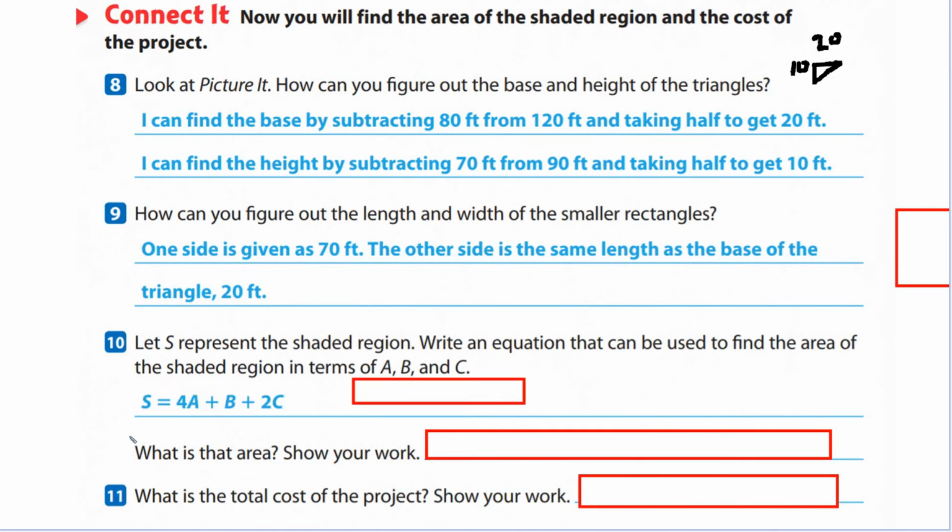So what they're saying here is, let S represent the shaded region, and then write an equation that could be used to find the area of the shaded region in terms of A, B, and C. So they said 4 times A. If you notice, the A will be the triangles, right?